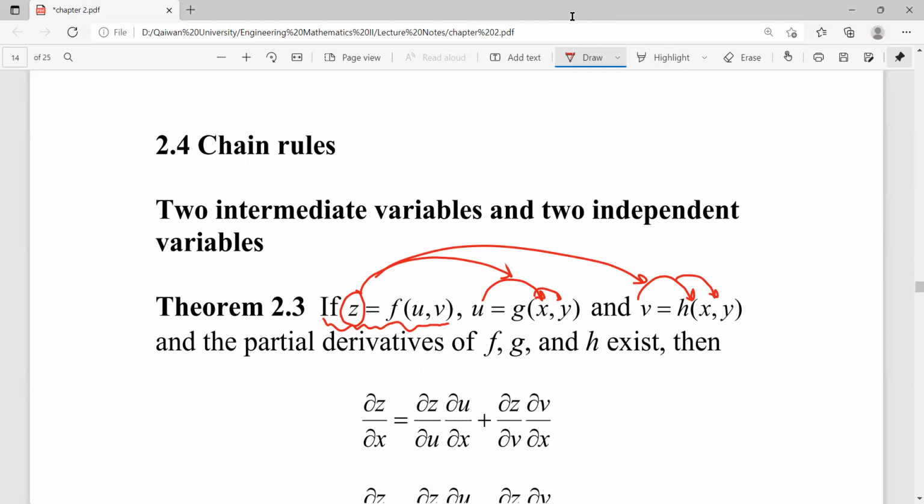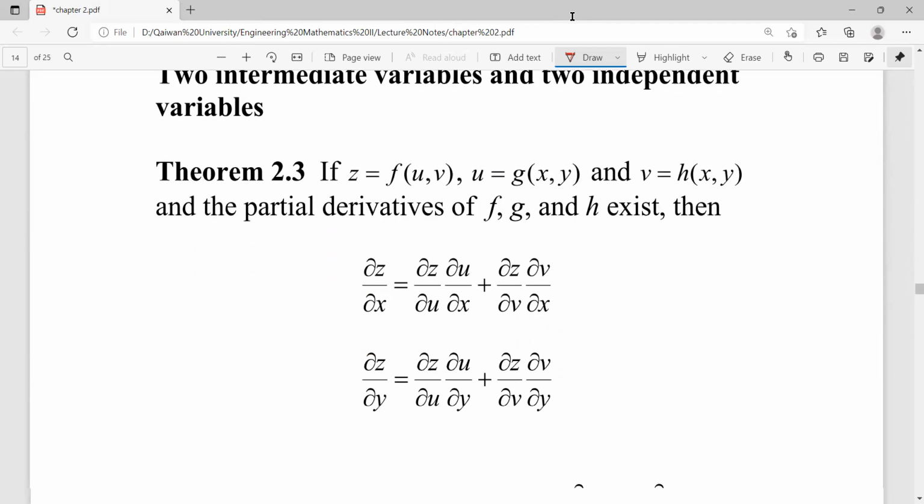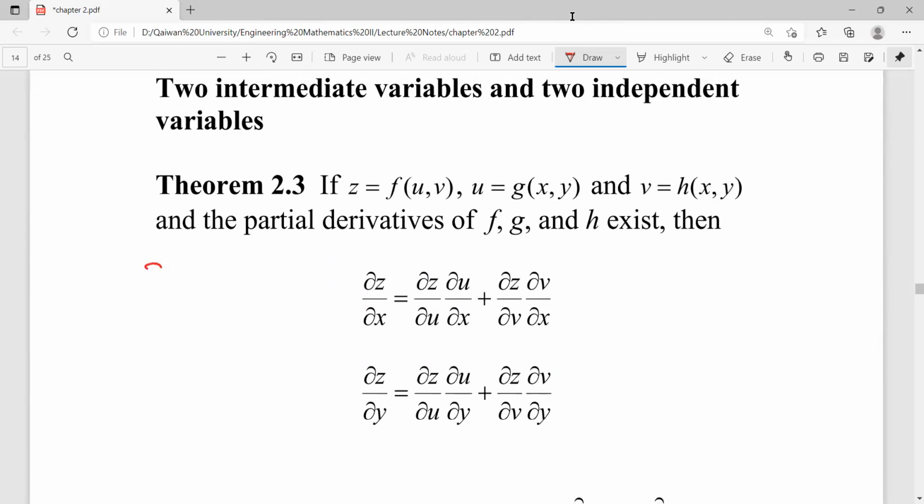But if you want to find the derivative of z with respect to x or y, we should use chain rule. Here, let me explain it as a tree. Here we have z. In z, we have u and v. And in u, we have x and y.